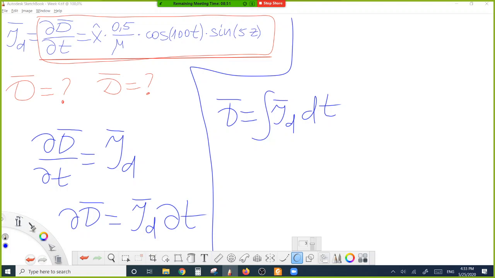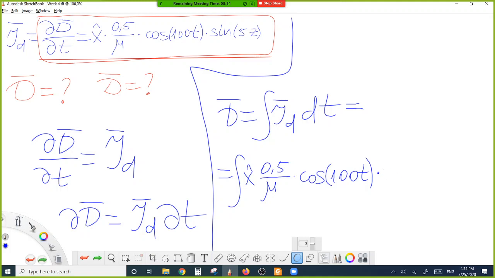And simply, we have the integral of x multiplied by 0.5 over mu multiplied by cosine 100t multiplied by sine 5z dt by time.